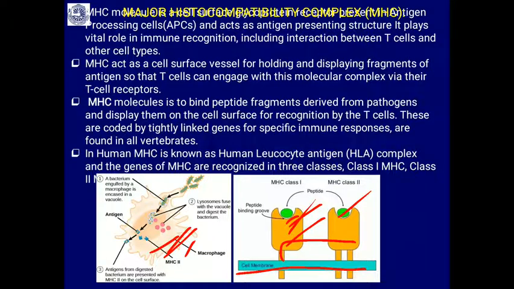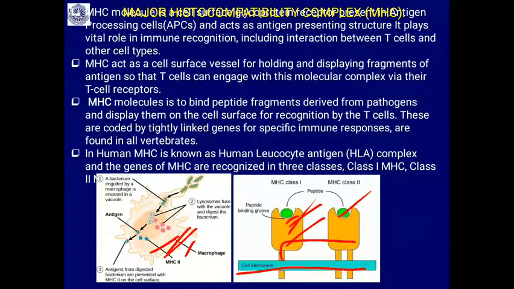So the T cells can engage with this molecular complex via the T cell receptor. The function of MHC molecules is to bind peptide fragments derived from the pathogens and display them on the cell surface for recognition by the T cells. These are coded by tightly linked genes for specific immune response, and are found in all vertebrates.